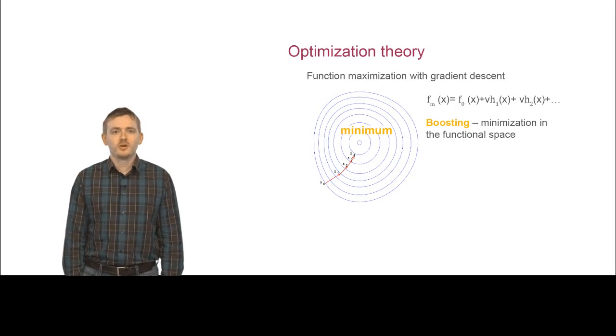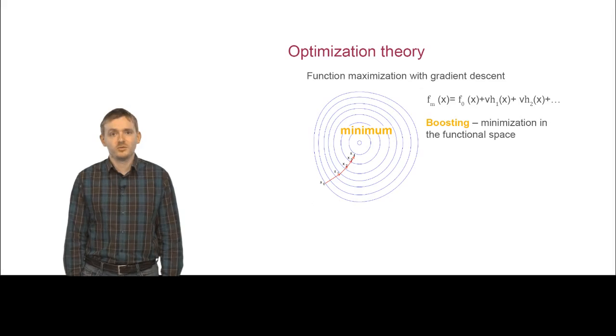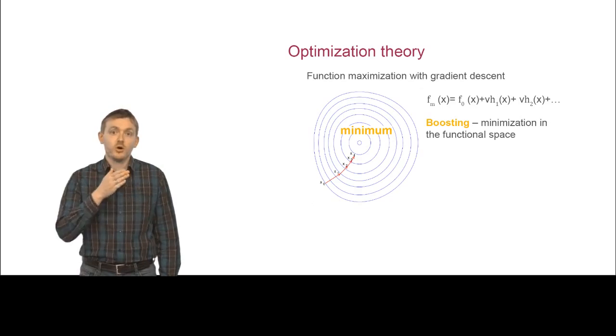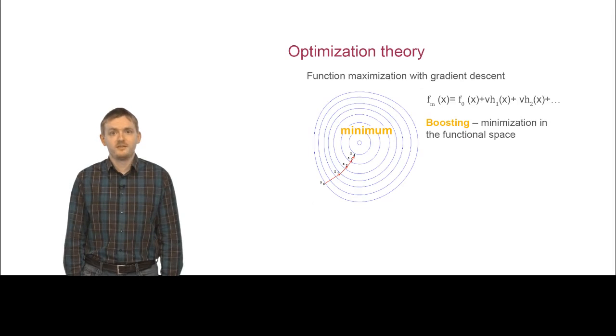Okay, if you are familiar with optimization theory, you may have noticed that gradient boosting is somewhat similar to gradient descent in optimization theory. If you want to minimize a function using gradient descent, you make a small step in the direction opposite to the gradient. The gradient of the function by definition is a vector which points in the direction of the fastest increase.